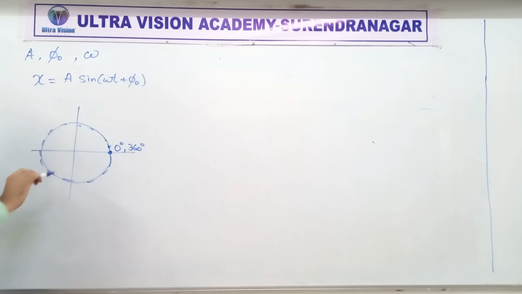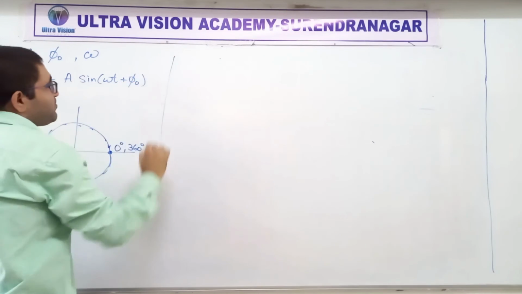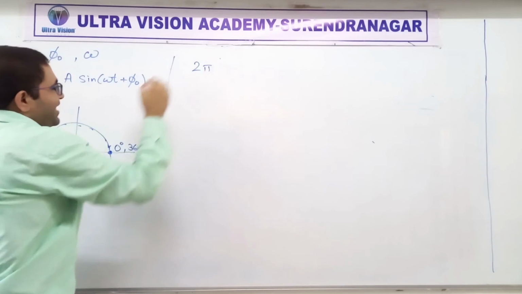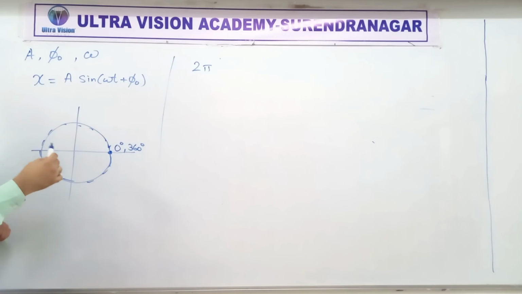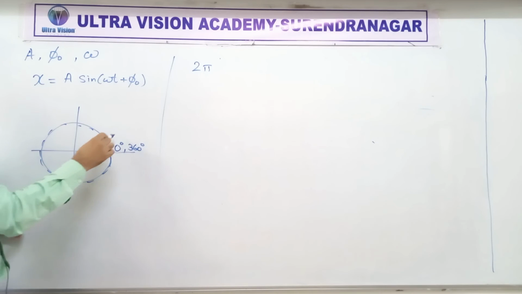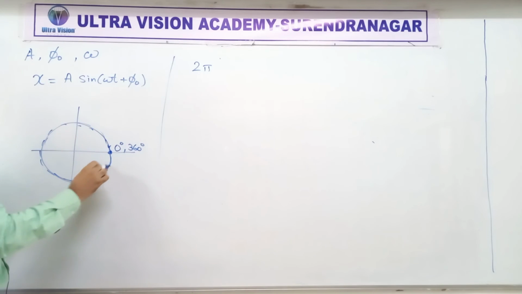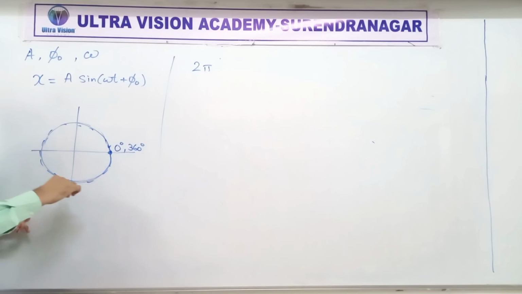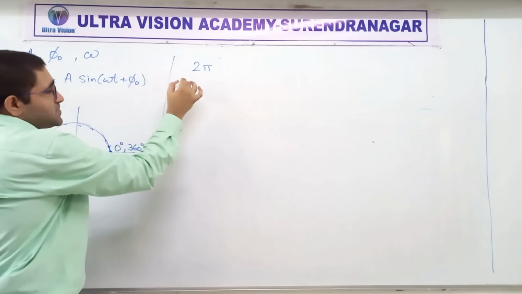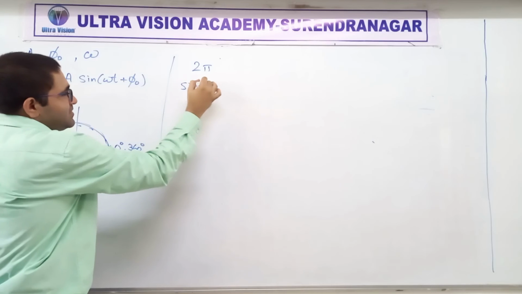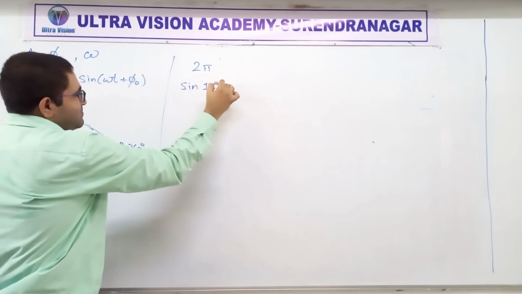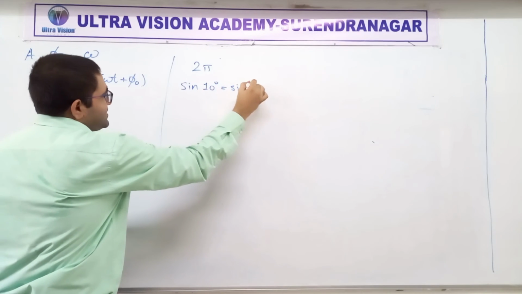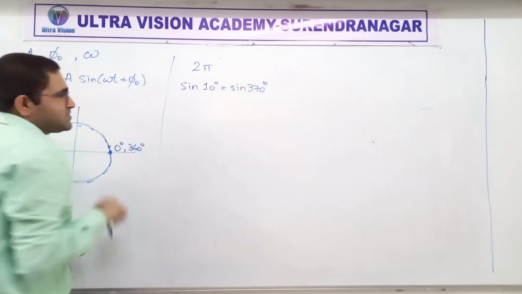But like I said earlier, with a gap of 2 pi, the values of sine and cos all repeat. Correct? That is, if you increase the angle by 360 degree or by 2 pi, then the value will repeat. So what I mean to say is something like this once again, that sine 10 degree will be same as sine 370 degree. Did you understand this, everybody?